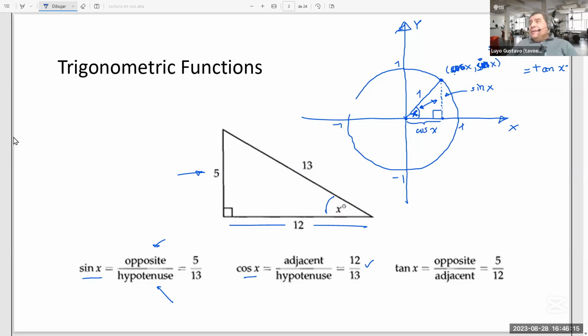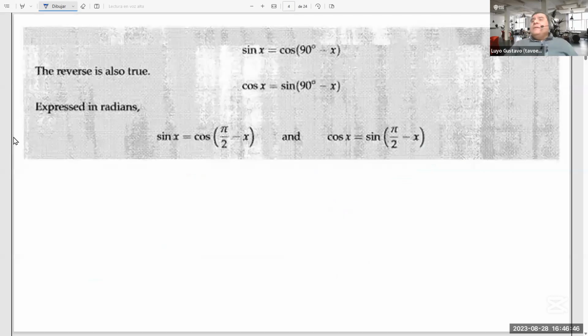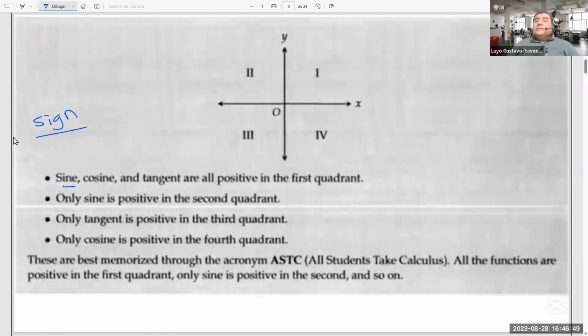What happens if the angle goes like this, for example, this way? So if this is the angle, still the vertical and the horizontal position are sine and cosine respectively. So here, the sine would still continue to be positive, but the cosine would be negative because it would be to the left of the vertical axis. So this can be translated like this, right?